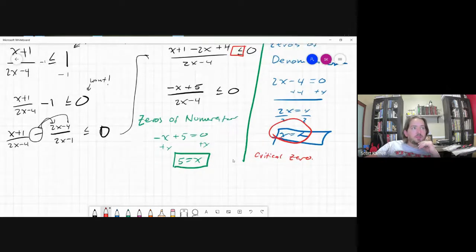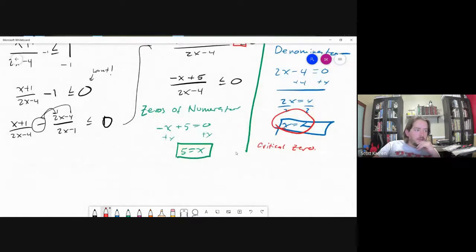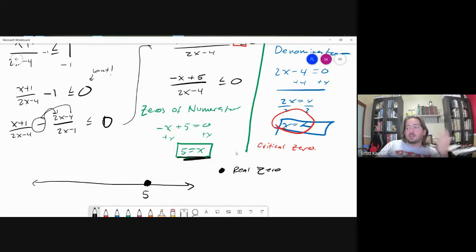So when I make my number line, I'm going to write my 5 here, and I'm going to put a full dot there to indicate that it is a real zero. Because when my numerator is 0, my function is 0, right? But when my denominator is 0, you can use red, you can use whatever you want.